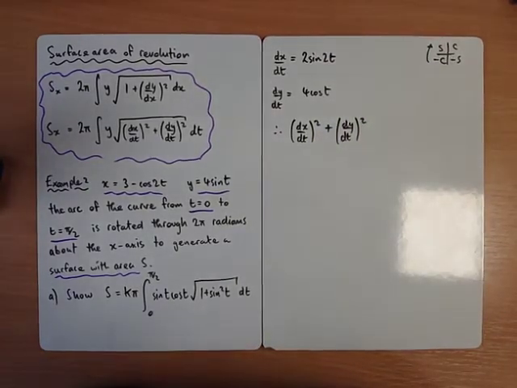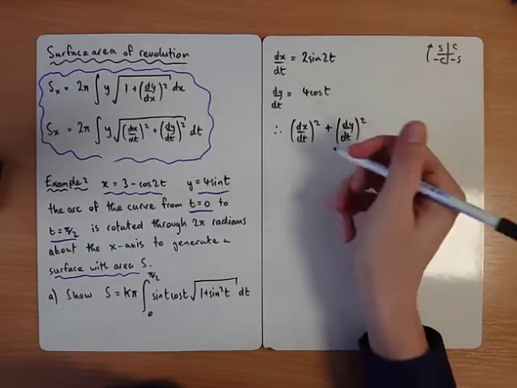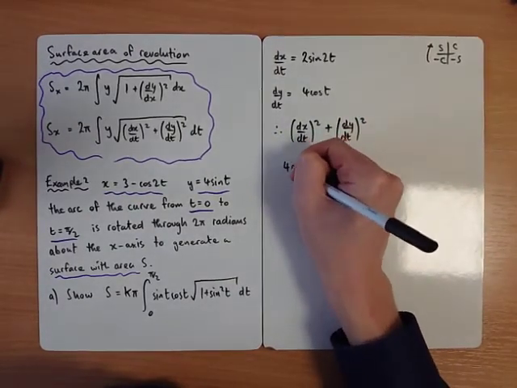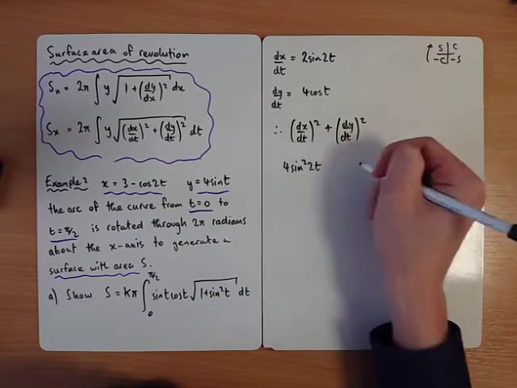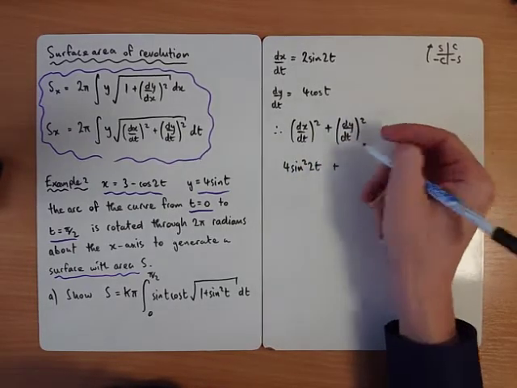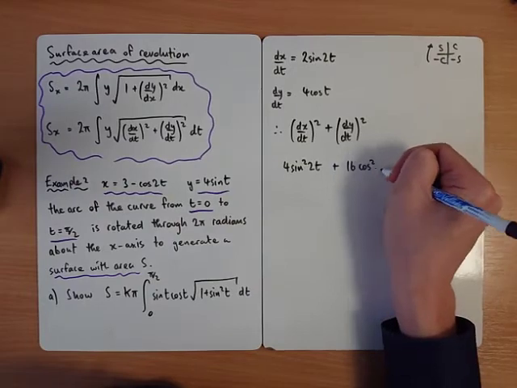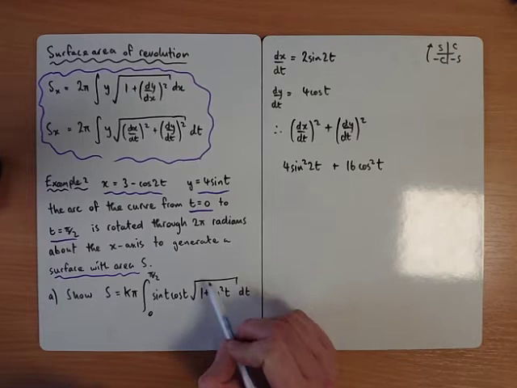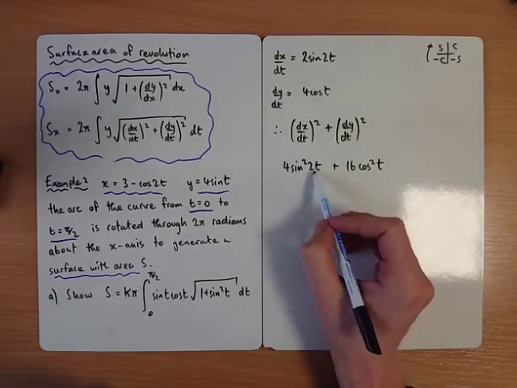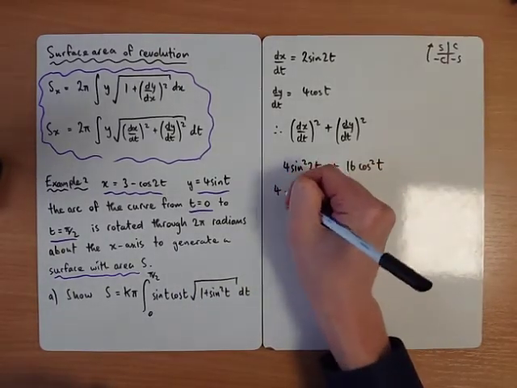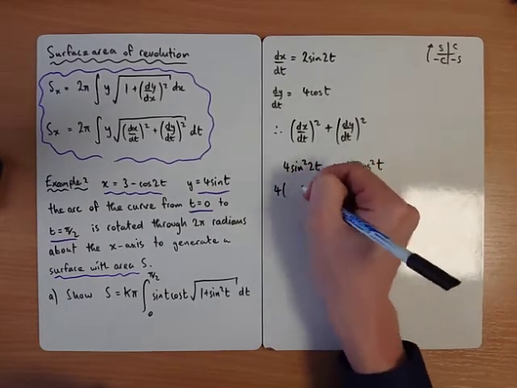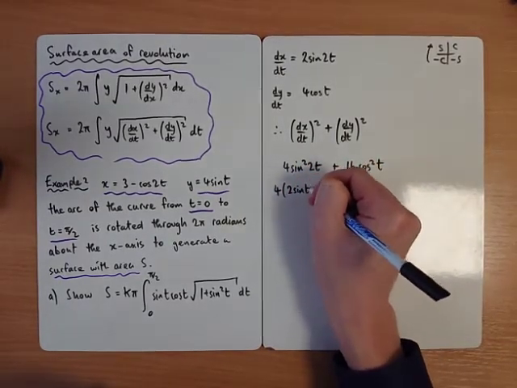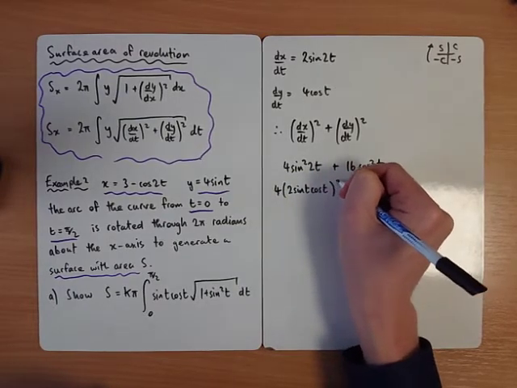Again, possibly pause and see if you can get to this answer before I go through it. If we do dx by dt squared, that's going to give us 4 sin squared 2t plus 16 cos squared t. Always have one eye on the answer that you're trying to get to here. I need to do something with this 2t, don't I? So we can think about that as 4 lots of sin 2t, which is 2 sin t cos t, all squared.